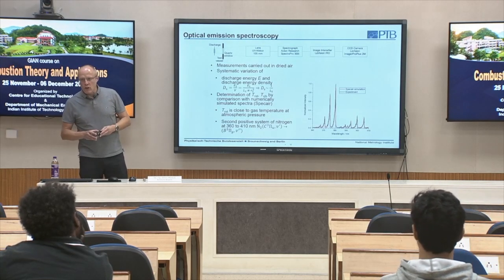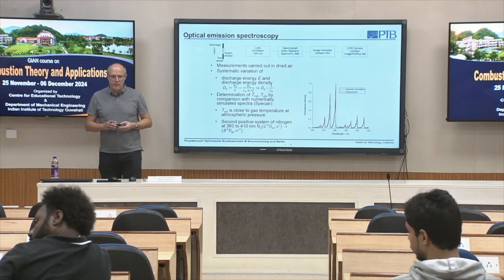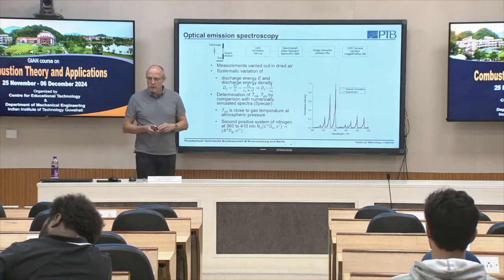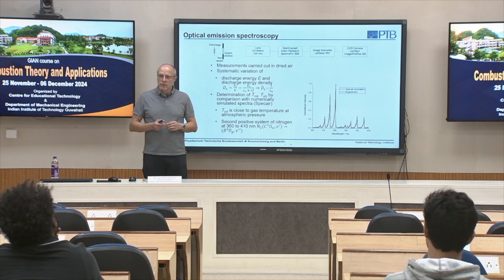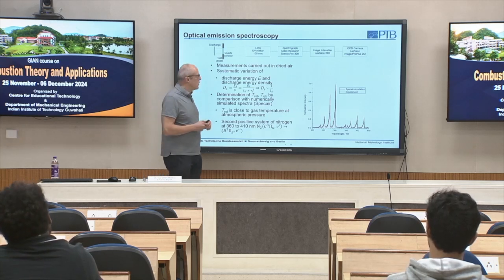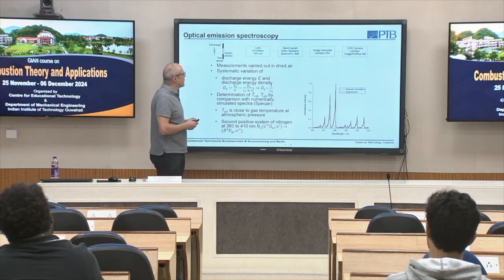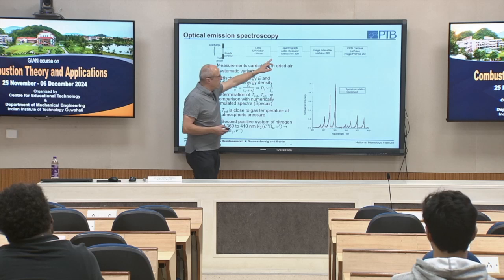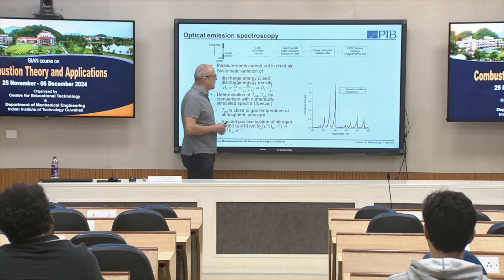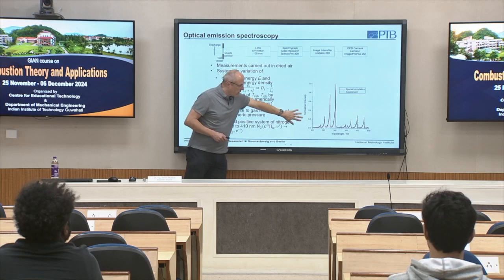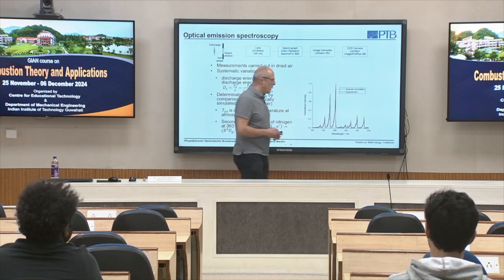So we can use so-called optical emission spectroscopy. We collect the light from our hot region and use a spectrograph, an image intensifier and a camera to get spectra like these here.